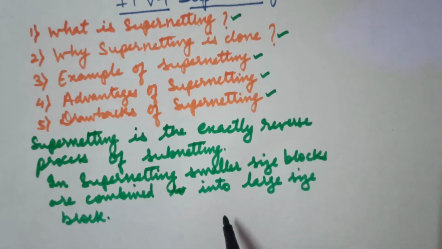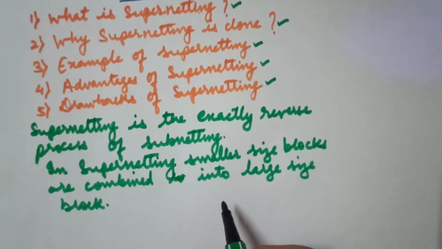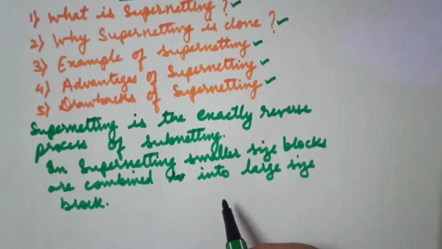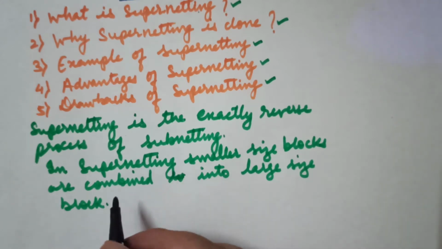Why this is done? Because the class B addresses were already exhausted and many organizations required large size IP address blocks. So there was need to combine the small size blocks into large size block.